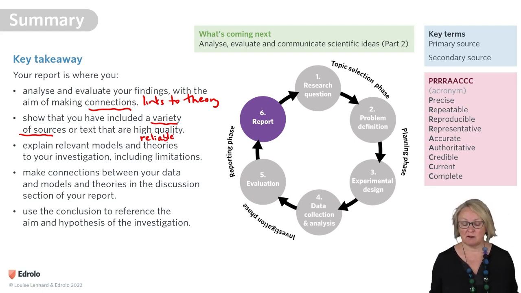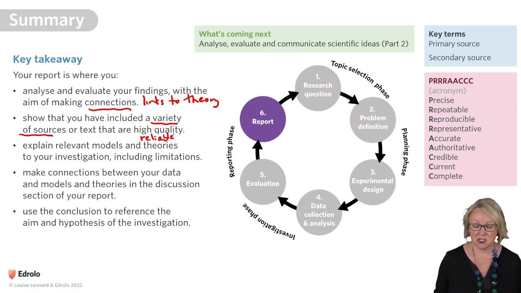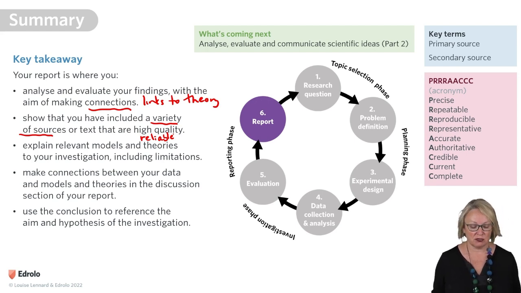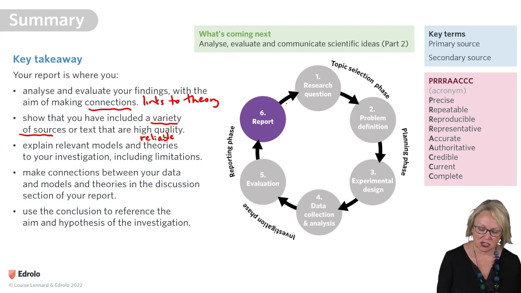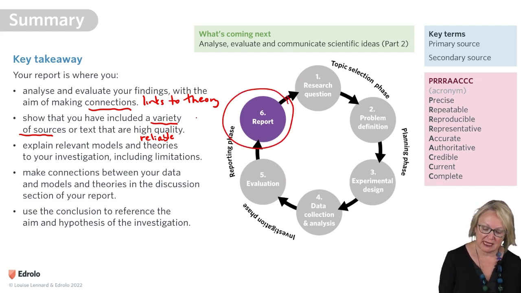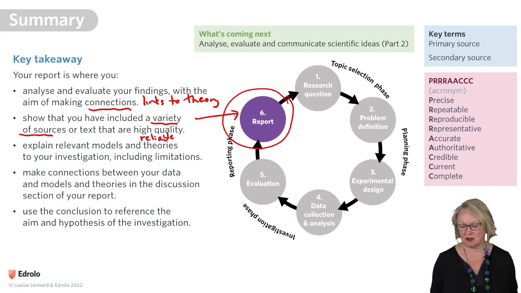You explain relevant models and theories, including limitations, and that can be in the introduction and the discussion part of your scientific report or poster. Make connections between your data and models and theories in the discussion section of your report, and use the conclusion to reference the aim and the hypothesis of the investigation. So everything we're doing here is at the final stage of the report.